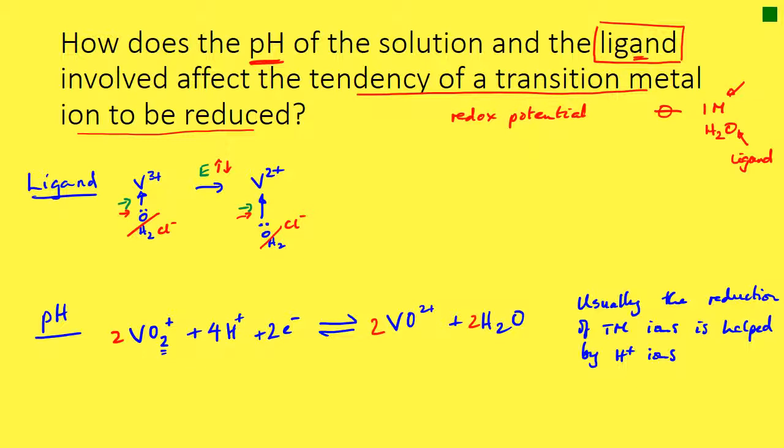Let's look at another example. This example is where we're making hydroxide ions. So let's start off with the chromate ion. So we've got CrO4 2-, and we're going to reduce the chromium in that to chromium hydroxide. Chromium hydroxide is like this. Let's say it's a precipitate.